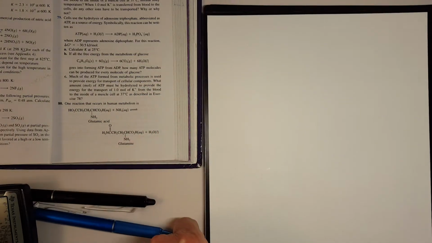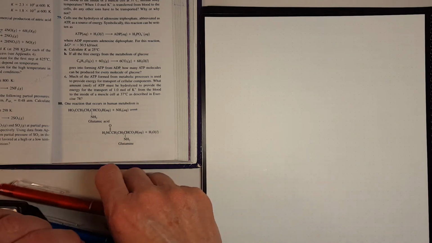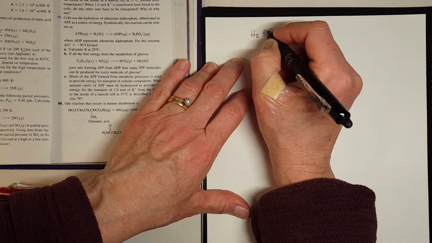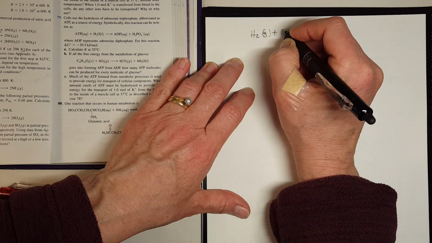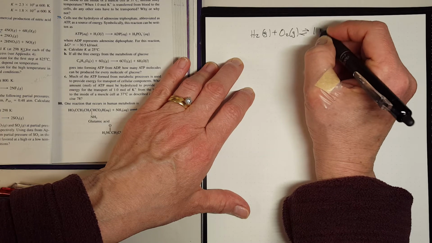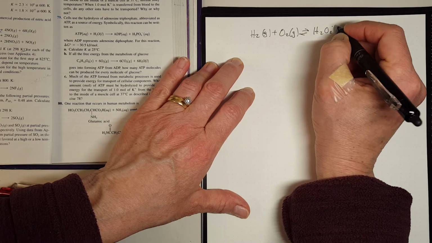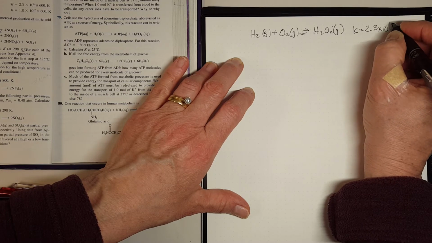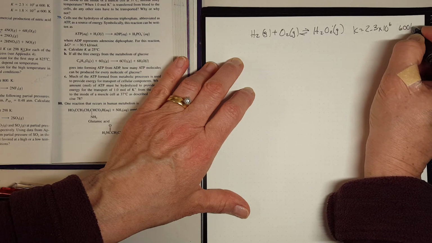So number 63 is combining two equations. We have H2 gas plus O2 gas in equilibrium with H2O2 gas, and K is equal to 2.3 times 10 to the 6 at 600 Kelvin.